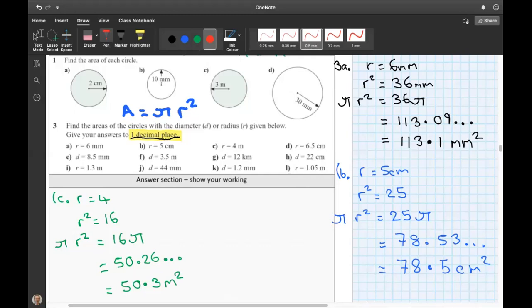Okay, part D now. Our radius was 6.5. Our radius squared will be 6.5 multiplied by 6.5. You get 42.25. Multiply that by pi, so pi r squared, going to be 42.25 pi. Put that into your calculator, press your SD button, and you will get out 132.73.